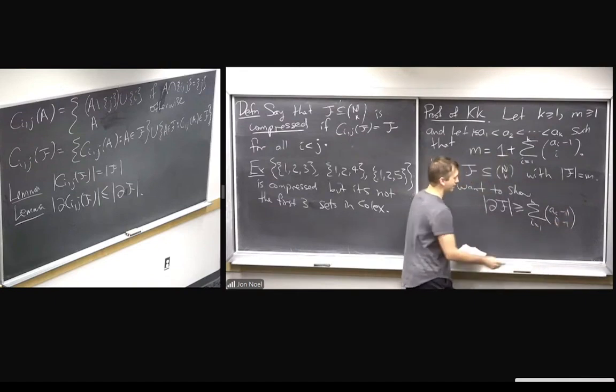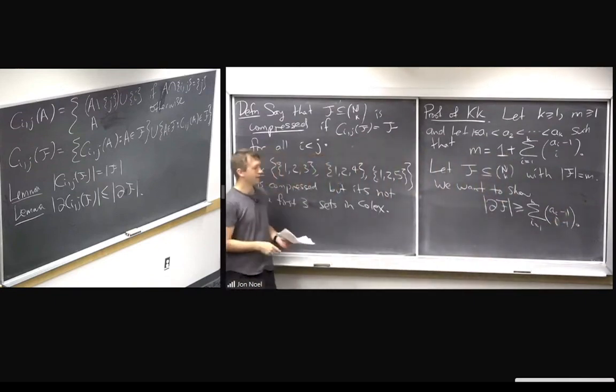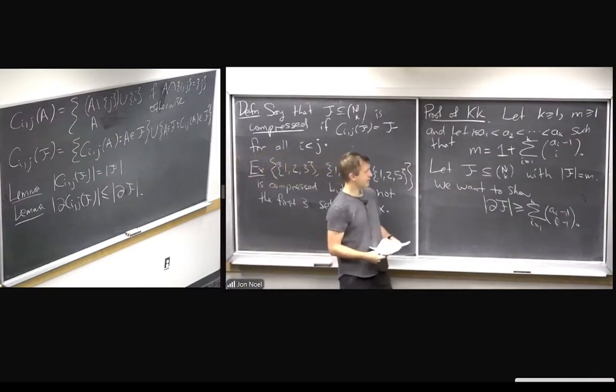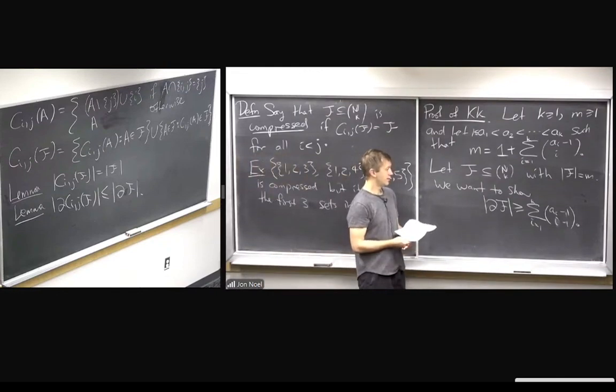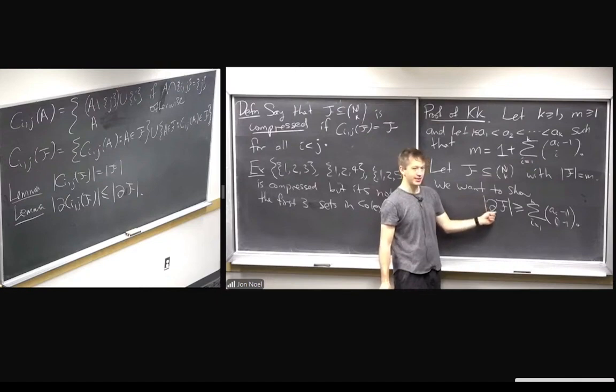So this comes from the way we restated Kruskal-Katona last time. So basically, M is this, and we want to show the shadows of these satisfy this.